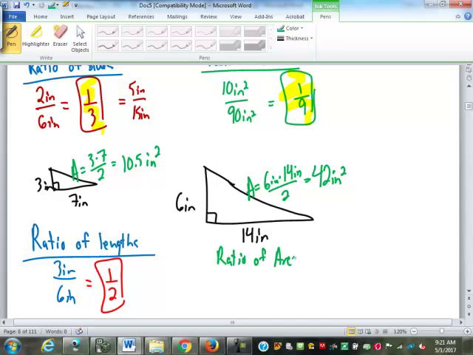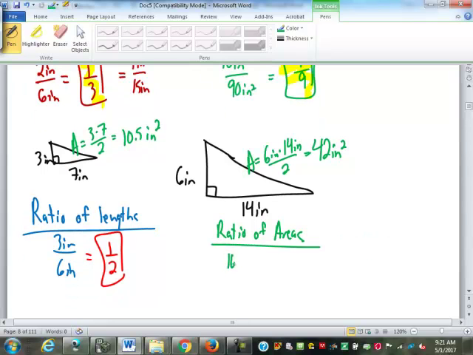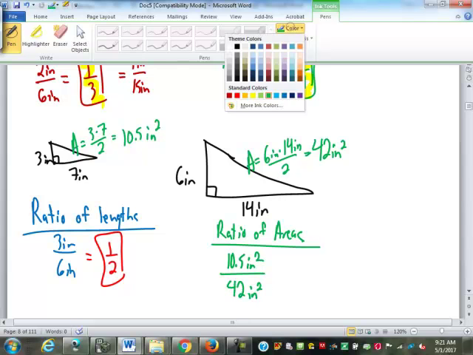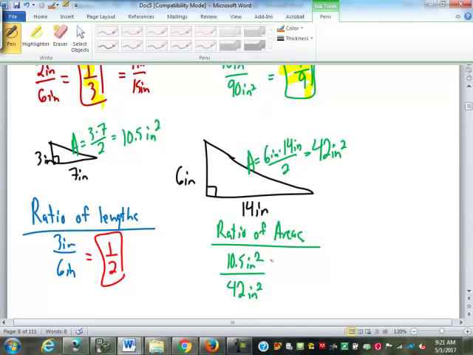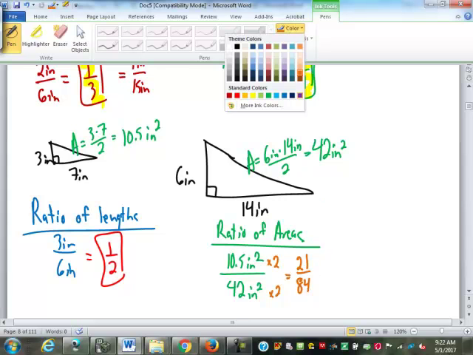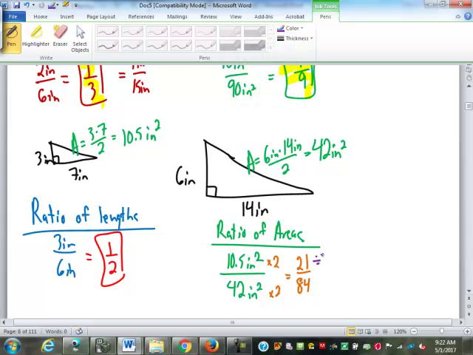The ratio of areas is 10.5 to 42. Now to simplify that ratio, I'd get rid of the decimal here. I'd multiply both of them by 2, which gives me 21 to 84. And now both of them divide by 21. Gives me a 1-to-4 ratio of areas.